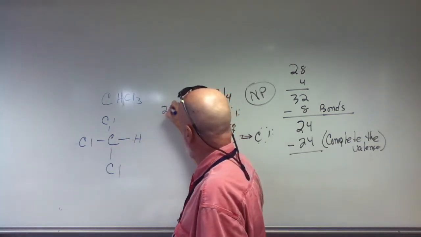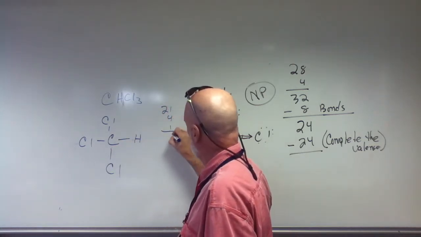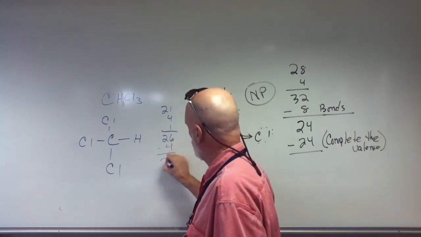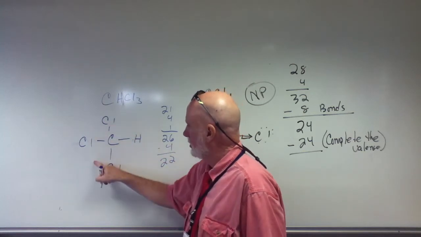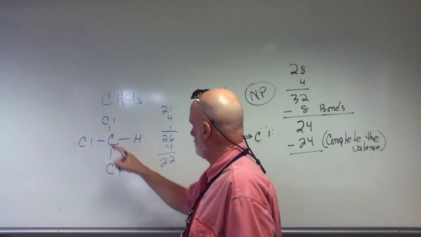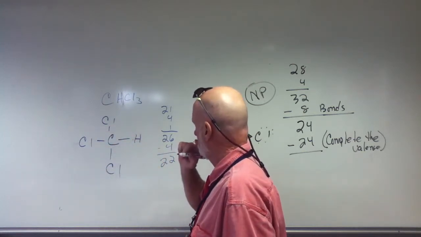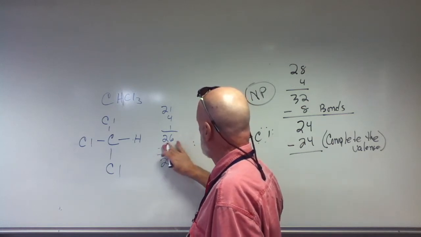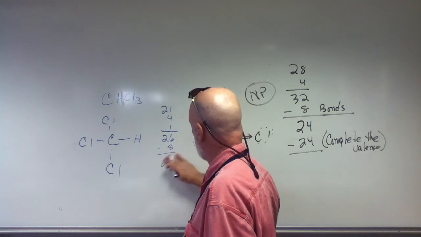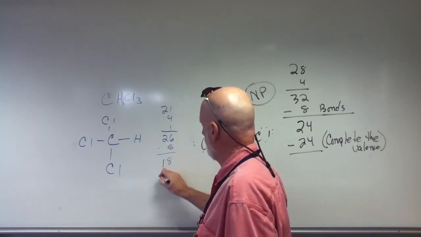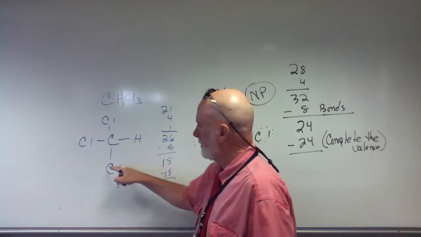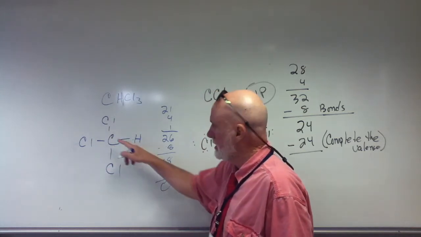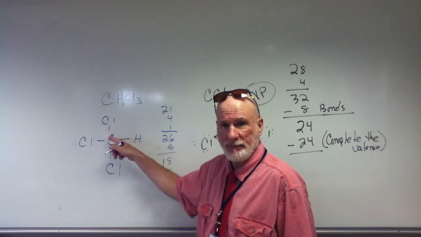So this is going to be 21, 4, 1, 26, correct? Minus 4, 22. What did I do? Minus 8, sorry. Minus 8, I have 18, right? Complete the valence, 6, 6, 6, right? 0, none on the central atom.